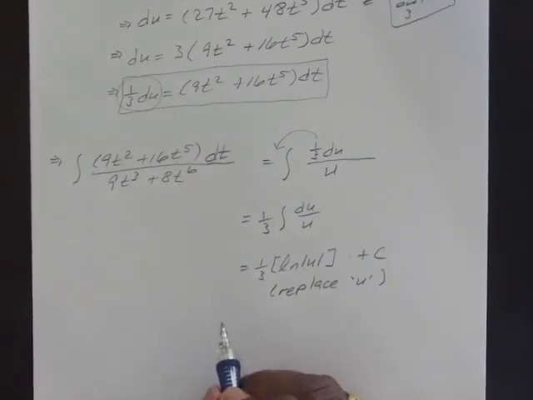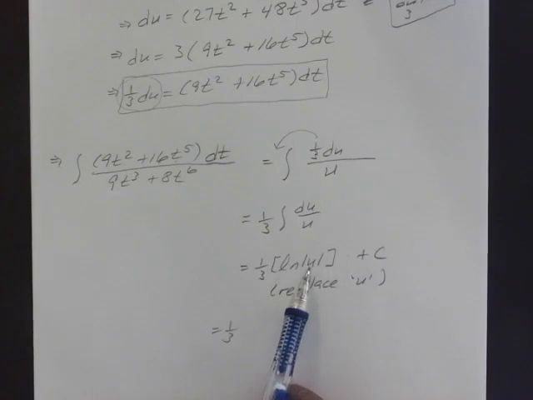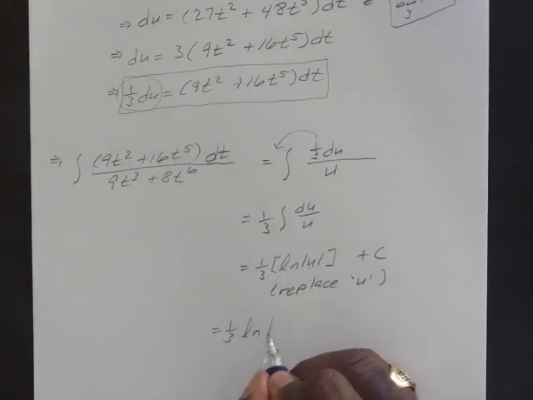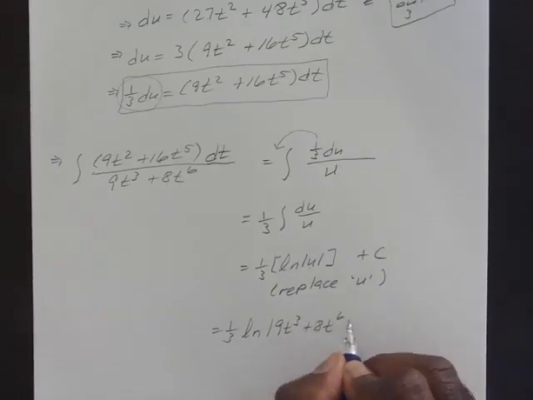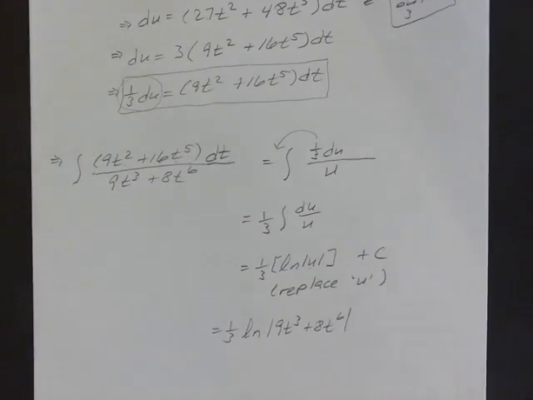And that gives us 1/3 times the natural log of 9t to the third power plus 8t to the sixth power plus c. All right, any questions on that one?